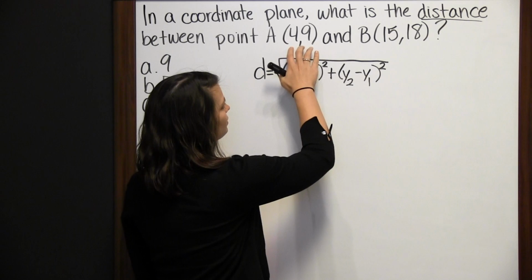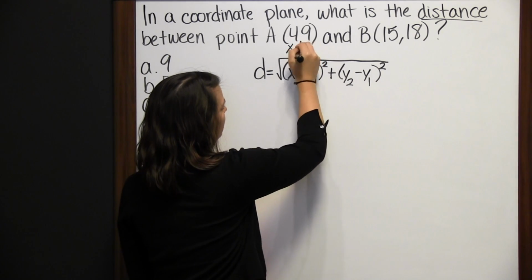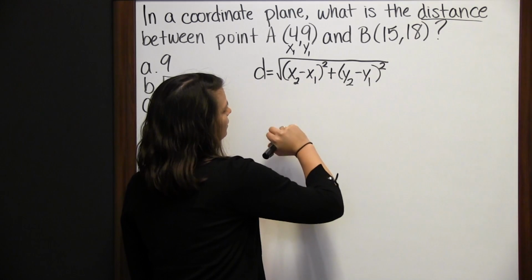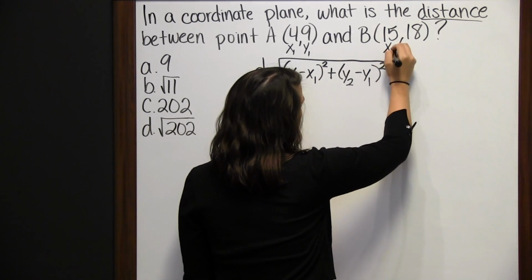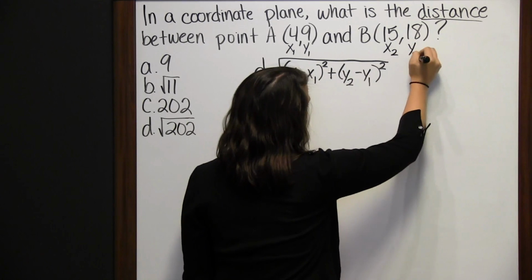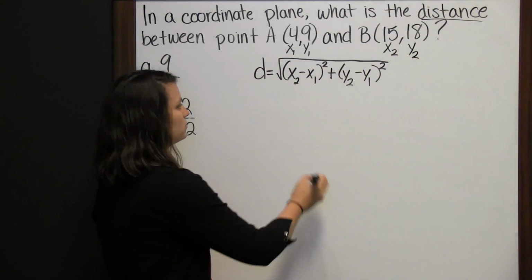For instance, this is my first ordered pair, so this will be my x1, y1. This is my second ordered pair, so this is my x2, y2. Now all we need to do is substitute.